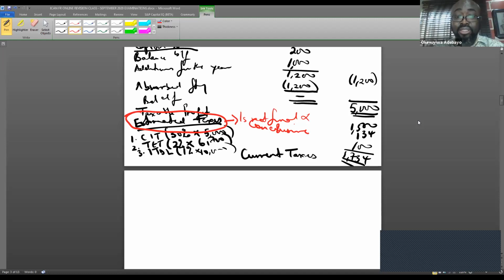It is final and conclusive only when the tax authority accepts it in full or by order of court or tribunal based on your petition. Okay, that is the position.